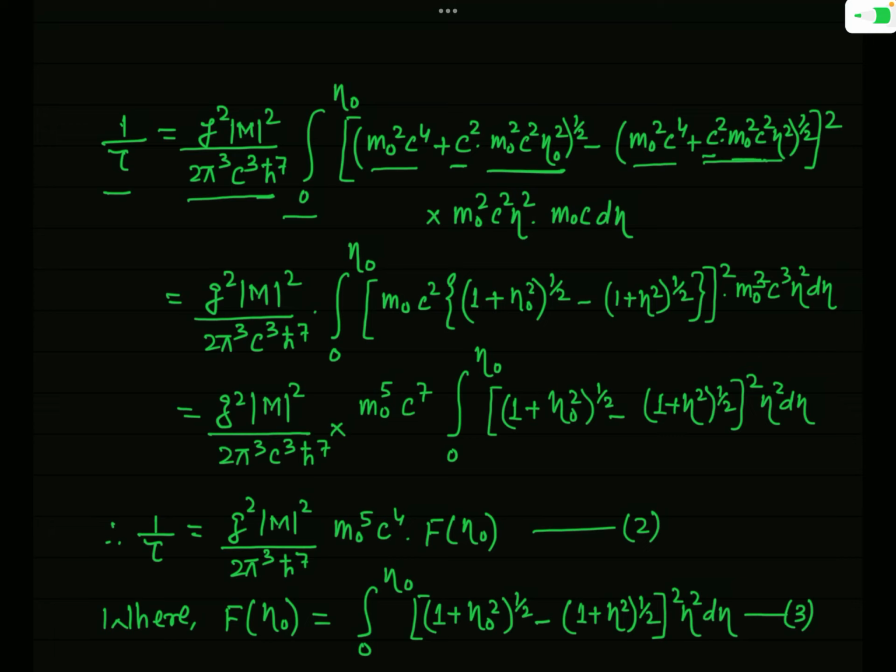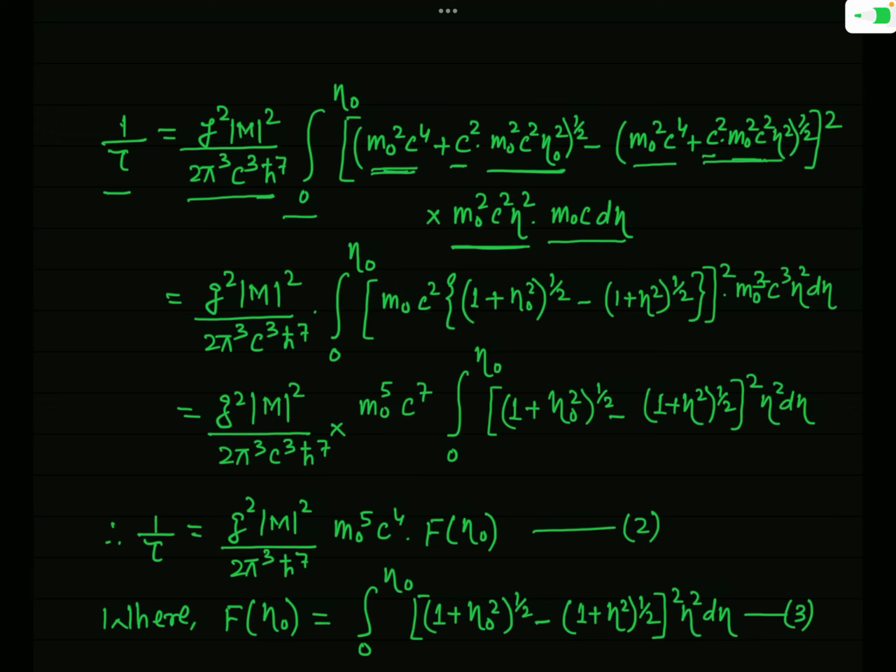Outside of the square bracket there was p square dp. So m naught square c square eta square is in place of p square, and in place of dp we have written m naught c d eta. Now we take just m naught square c4 as a common factor in the terms inside the square bracket.